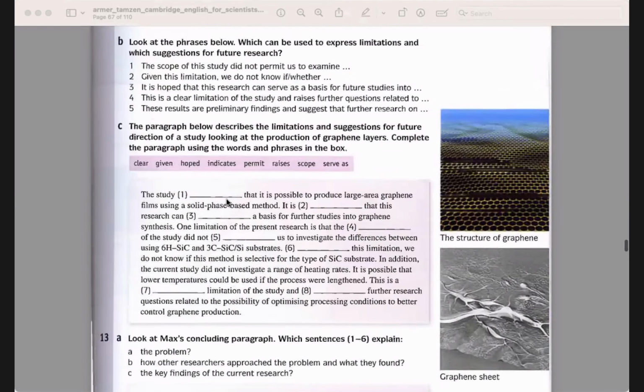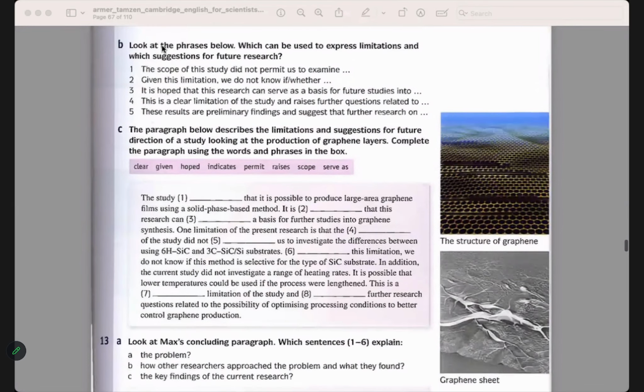Next one. It's exercise 12B. Look at the phrases below, which can be used to express limitations and which suggest future research. The scope of the study did not permit us to examine something. It's like, did not permit us, limitation.